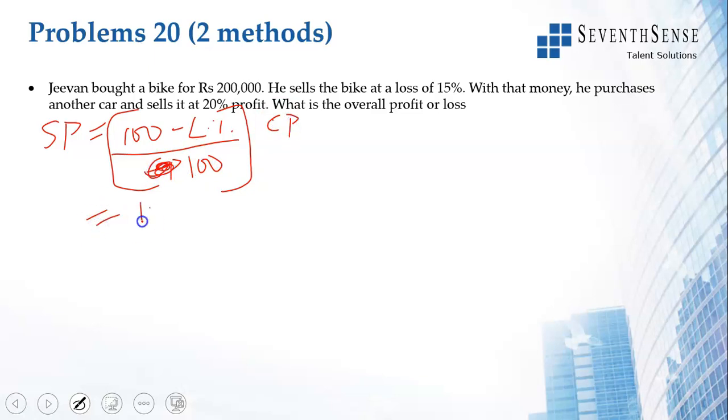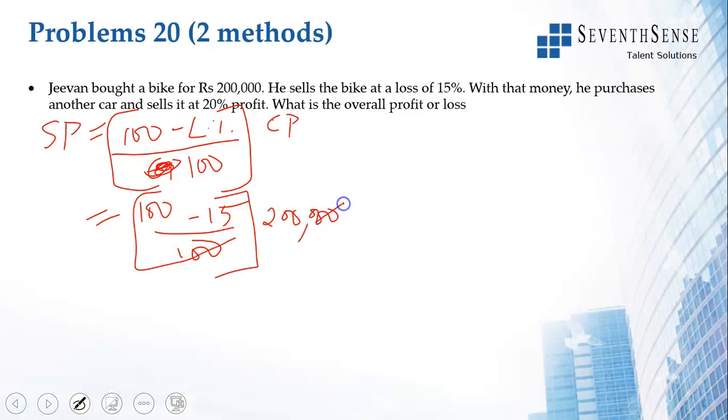You get 100 minus 15 by 100 into 2 lakhs. So 85 into 2 thousand, 1,70,000 is what he gets after selling the bike. This is his selling price of the bike.